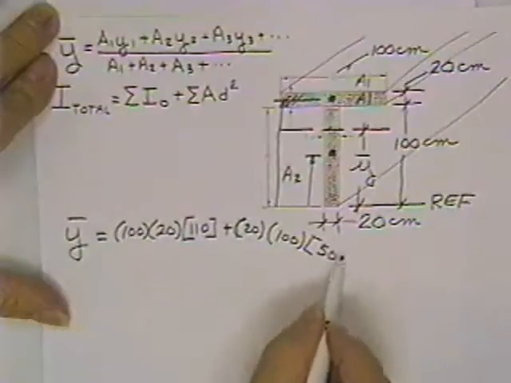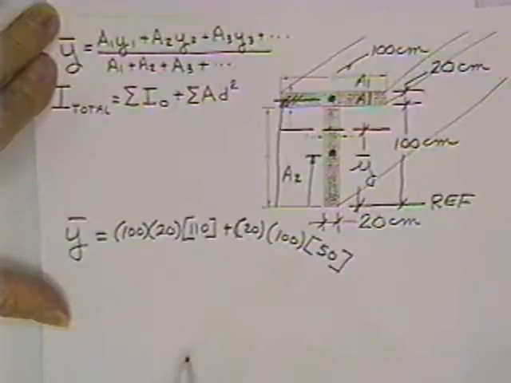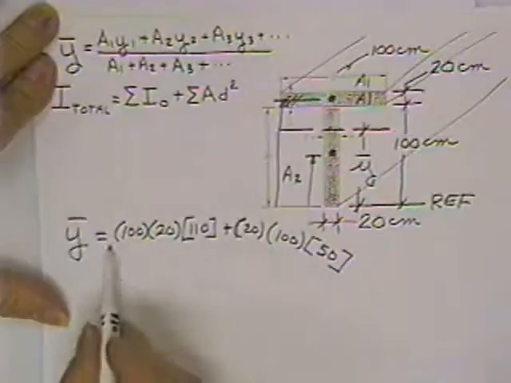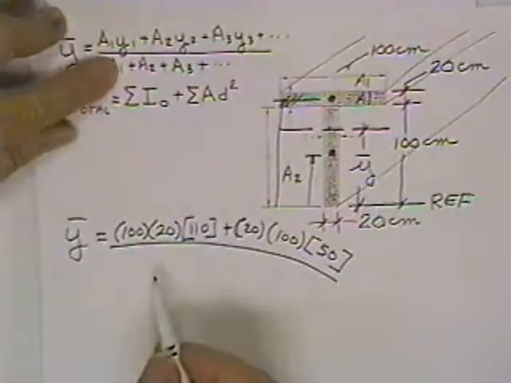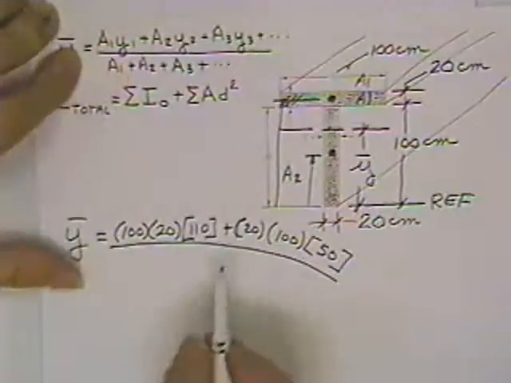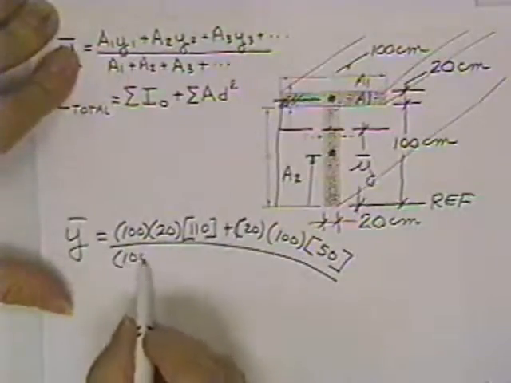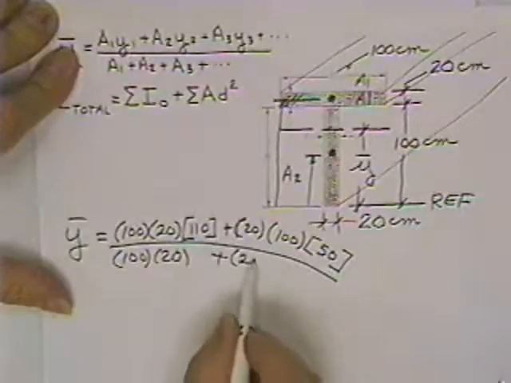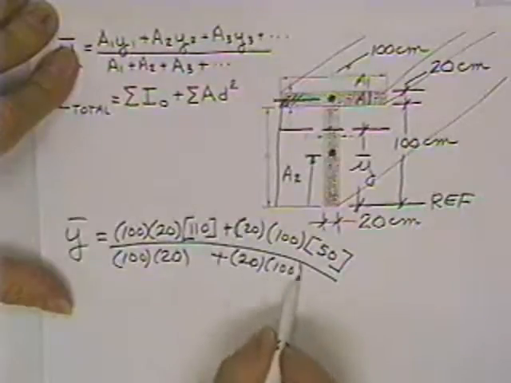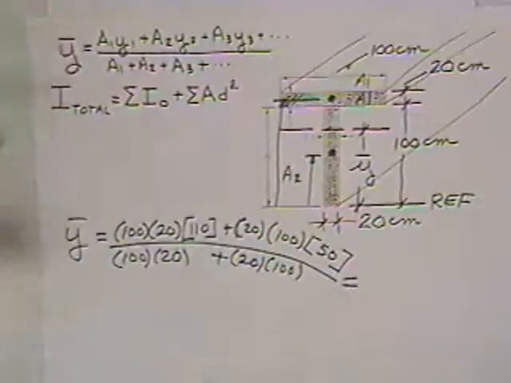It happens to be 50 centimeters up in the air. Divided by Area 1 plus Area 2. Area 1 is 100 times 20, plus Area 2 is 20 times 100. Well, if you can give me a number for that.